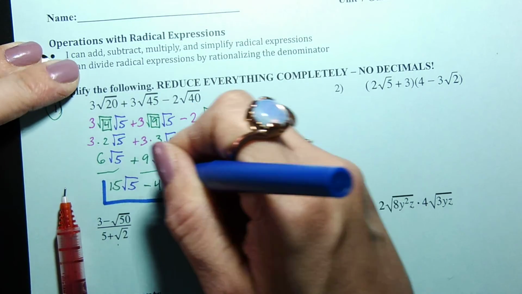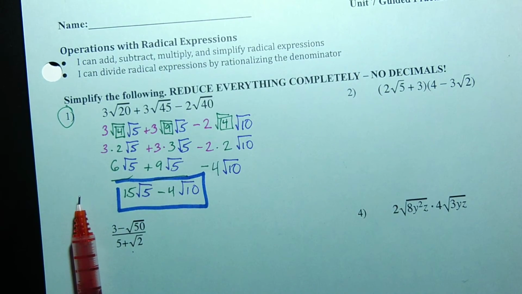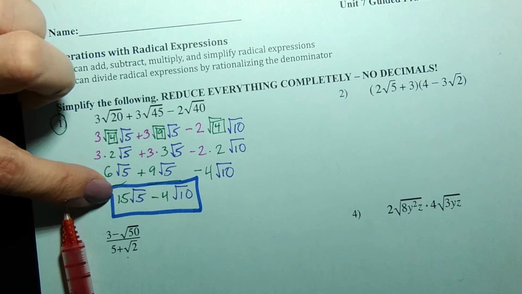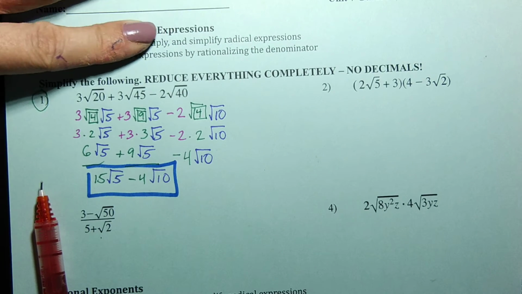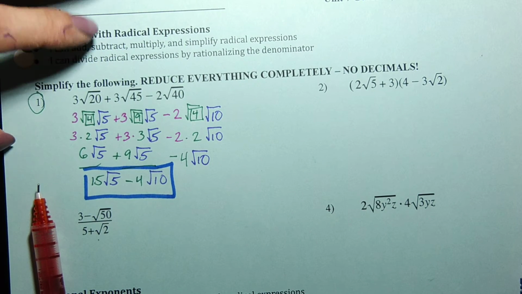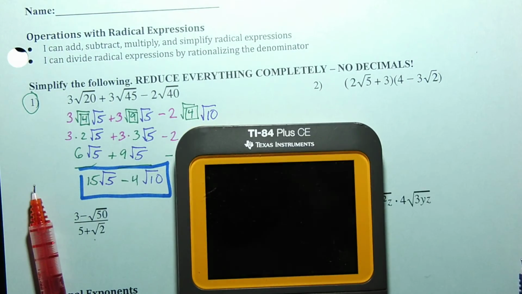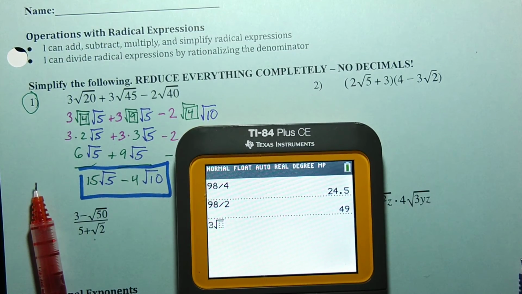Now, could I check myself on my calculator? Yes, I can for accuracy. Your calculator will tell you if what you started with is the same as what you ended with, but it will not simplify the radicals for you. Does that make sense, how we can check it? So, 3 square root 20, arrow over to escape the radical. 3 square root 45, arrow over to escape. Oop, I forgot the 3 in front. 3.